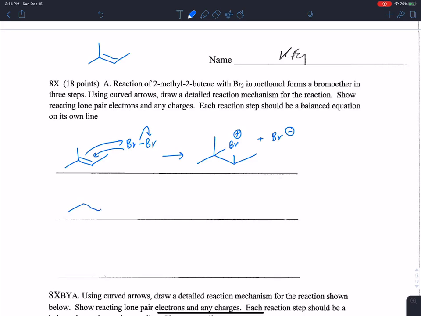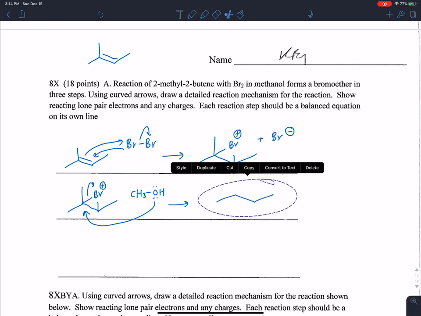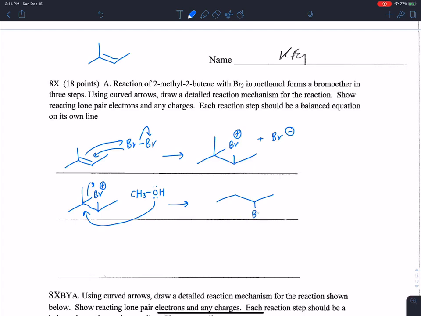After this step, I have my methanol, which is CH3OH, that can attack the more substituted side. So it's going to attack over here, and Br is going to come off. So I make my Br, this OH, and CH3 with a plus.